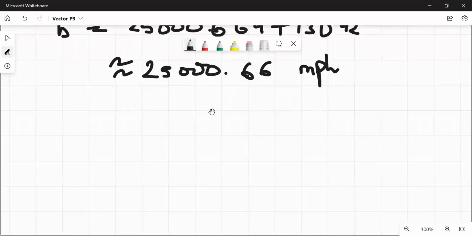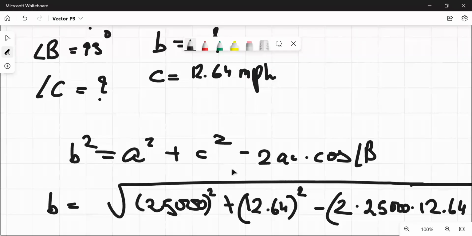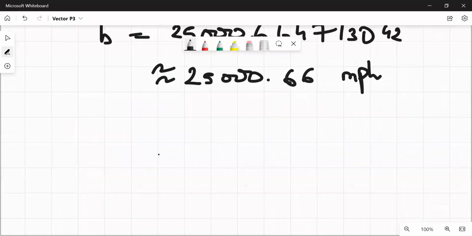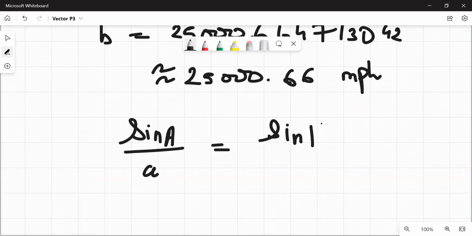Now, since we have got our side B, which is our resultant speed, we can now find the resultant angle using the law of sines. So it's going to be sine of A, because that's what we want to find, over a equals sine of B, which is provided to us, over b.